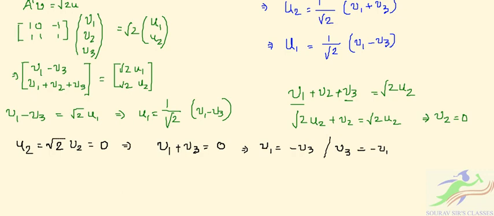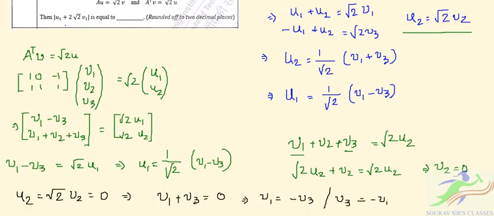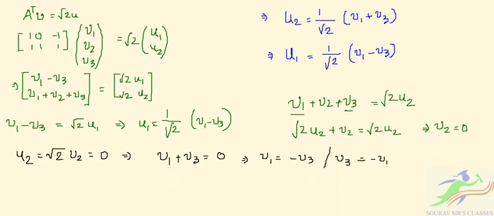Now we have these two conditions given. So U1 square, here we write it in this manner: U1 square plus 0, as U2 is 0, equal to 1. So U1 is plus minus 1, right?